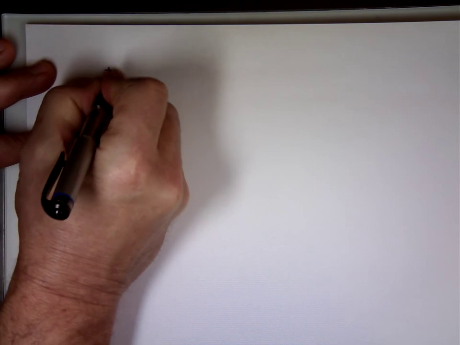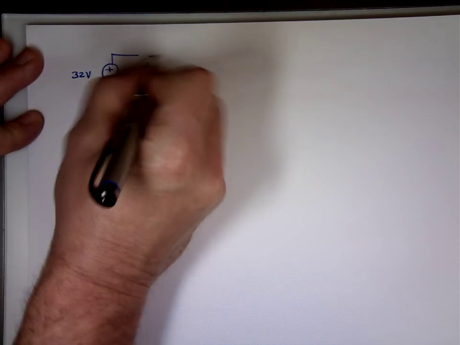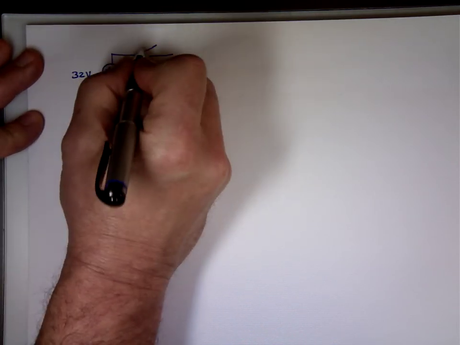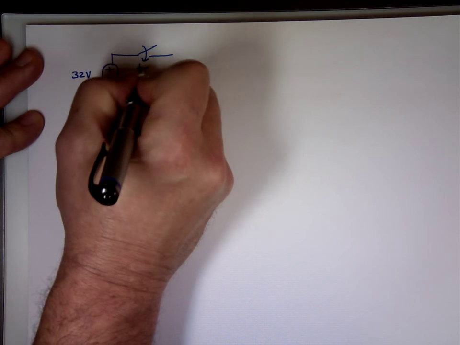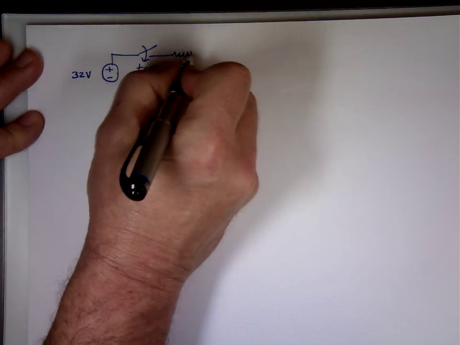We've done a problem like this. This is 32 volts. T equals 0. You have a resistor of 0.96.